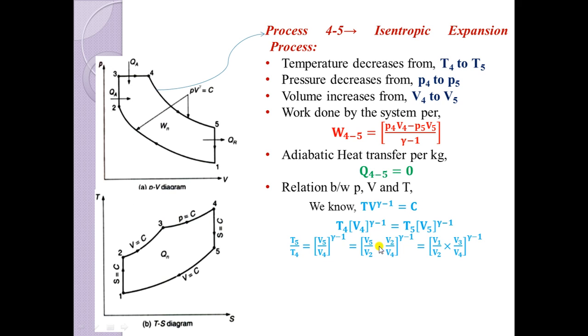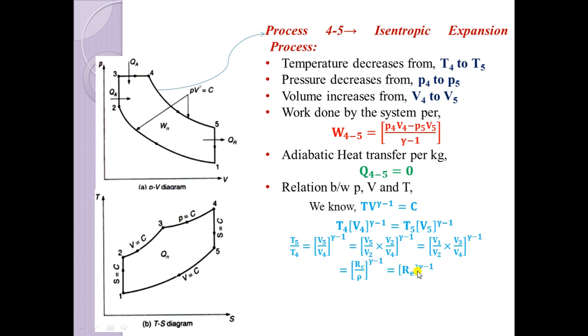Now we are going to multiply and divide with V2, and we will get V5 over V2 into V2 over V4. V5 can be rewritten as V1 based on the PV diagram where volume is the same, and V2 can be replaced with V3, where volume remains constant. V1 over V2 is RC and V3 over V4 is 1 over rho.